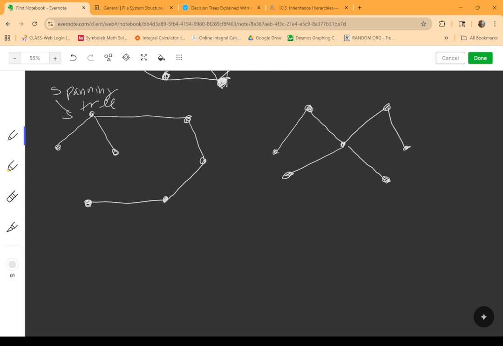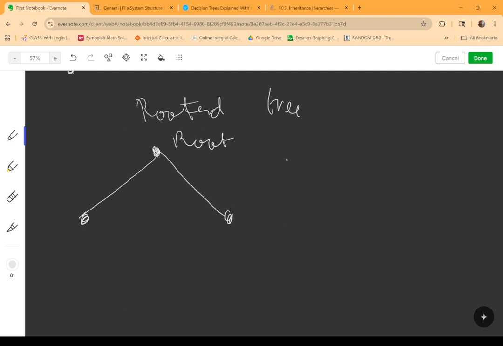Now the last type of graph here: when we think of trees, we think of rooted trees, where there's some kind of hierarchy involved, or everything stems from this original or first vertex, which we call the root. So here we have a root, and we have all these different vertices associated with the root.